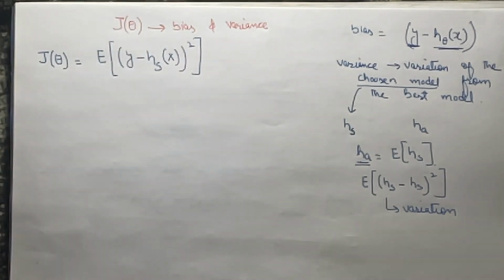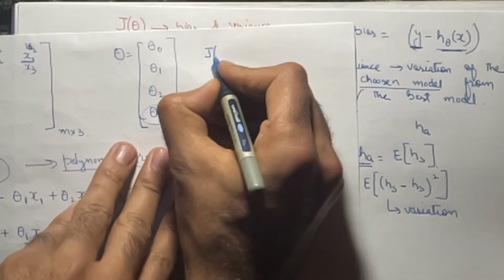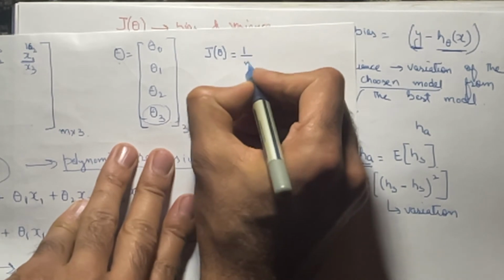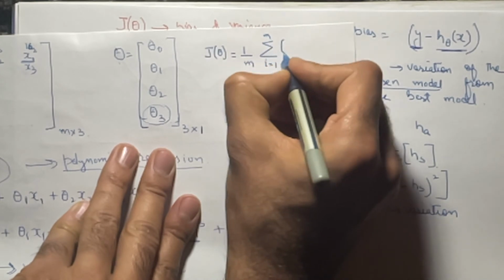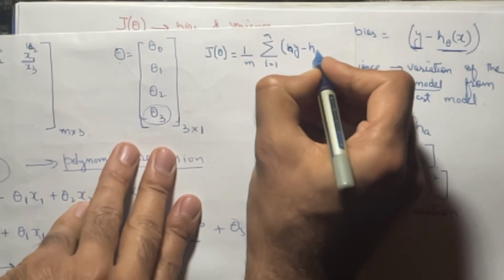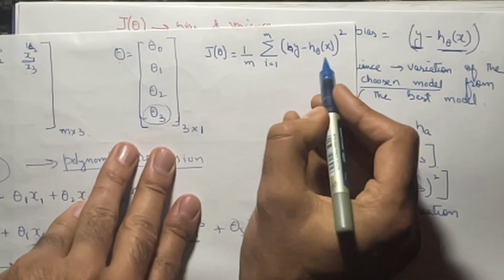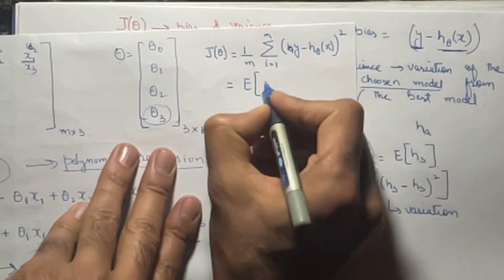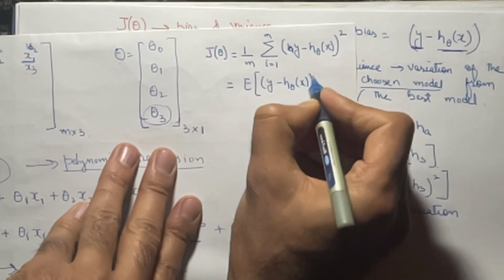No, but I will show you how. j theta was the mean square error, which we used to write as y minus h theta x whole square. You can write h first or y first, it is one and the same thing because the square is here. This is the mean, and mean can also be written as the expected value of y minus h theta x whole square.